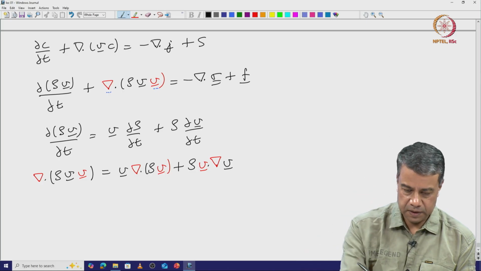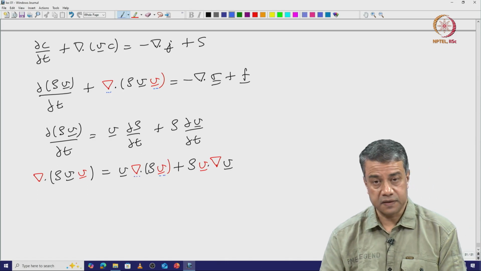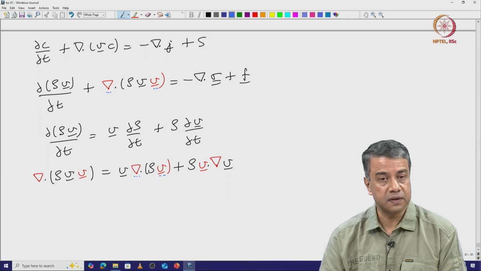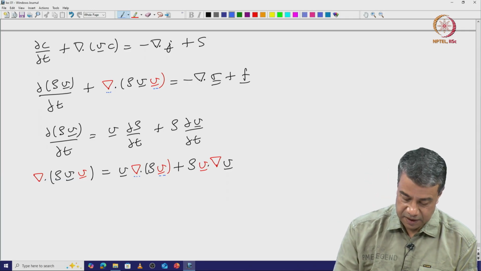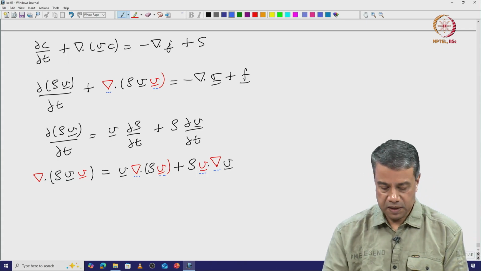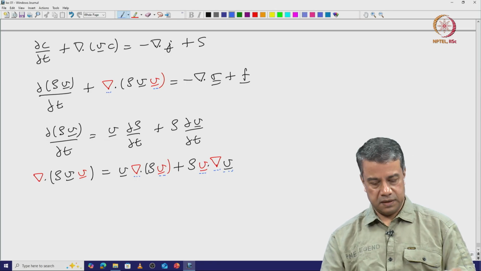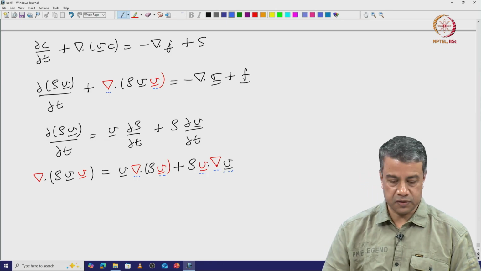In the first term here, the divergence is dotted with the velocity itself. In the second term, the velocity before the divergence is dotted with the divergence, and the vector direction is with this velocity vector. So, differentiation using the chain rule.